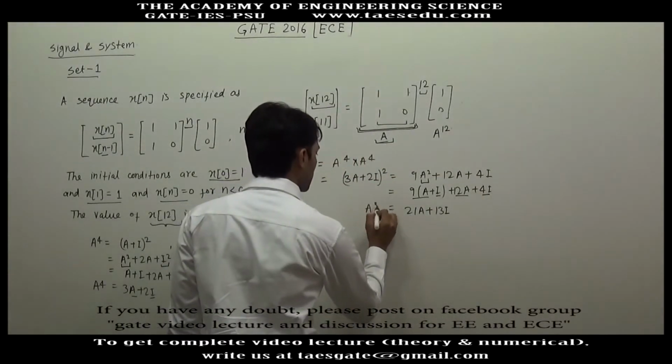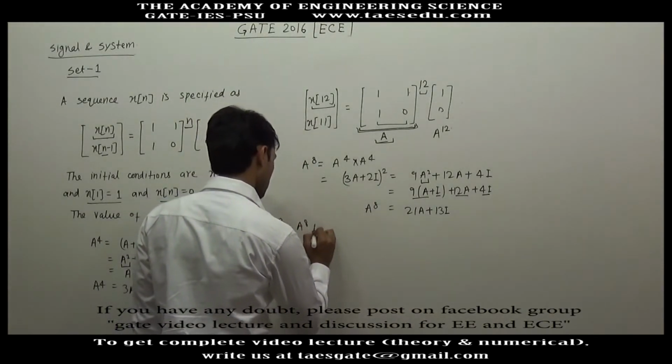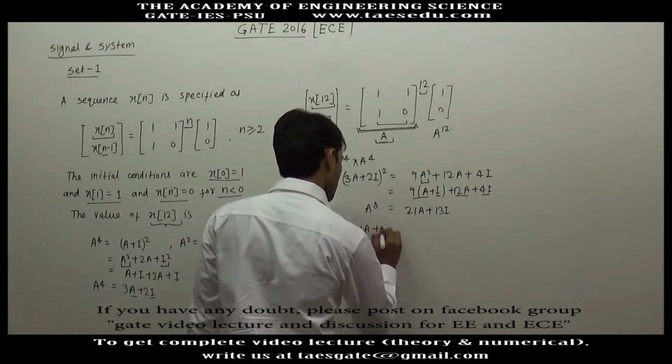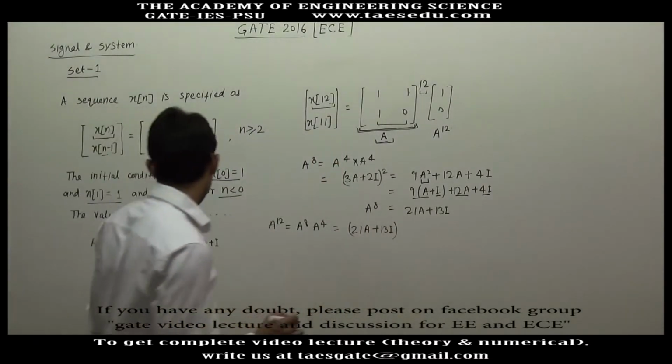This is A8. Now we have to find A to the power 12. This will be A8 into A to the power 4, that is 21A plus 13I times 3A plus 2I.